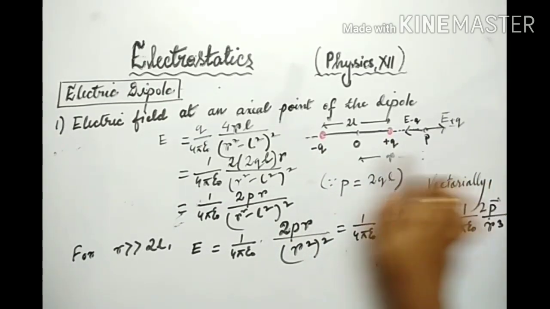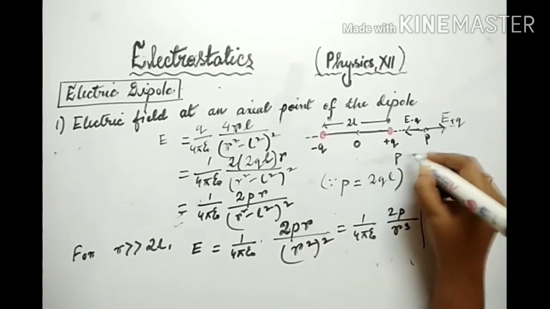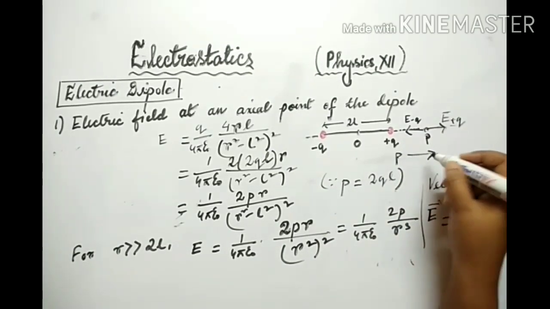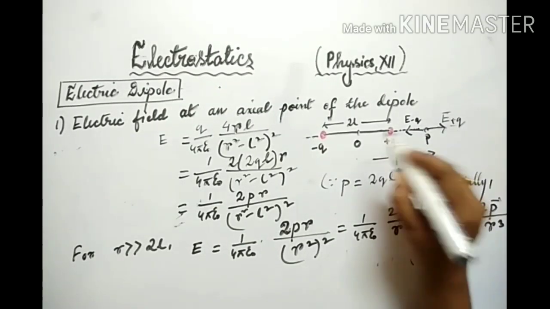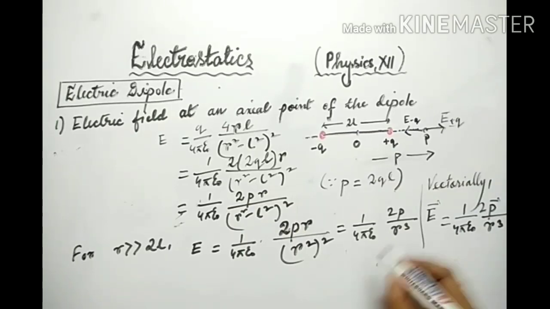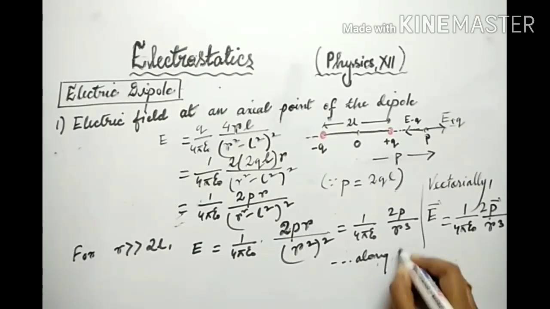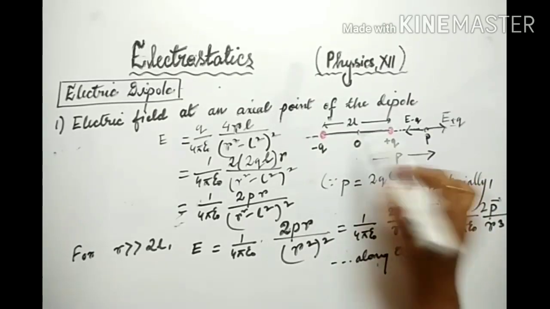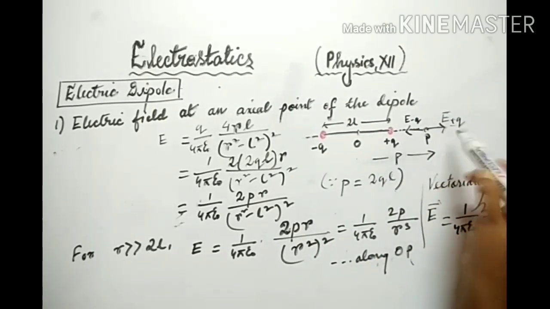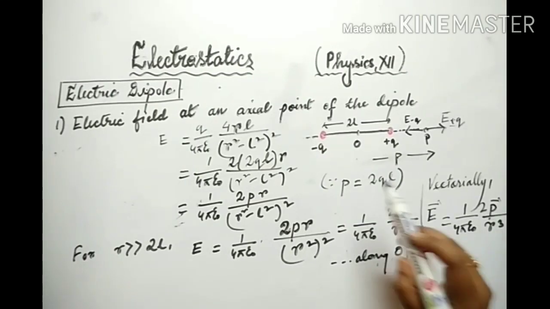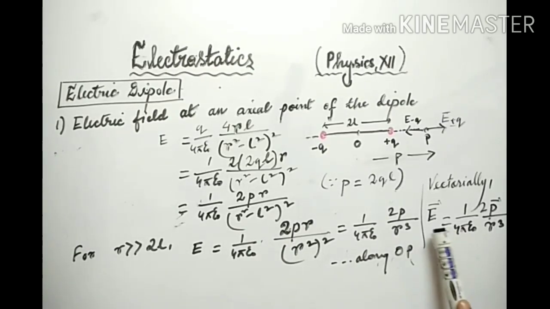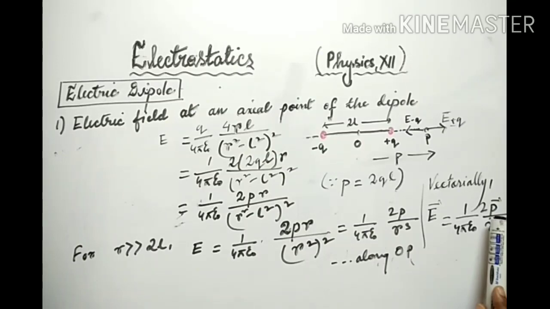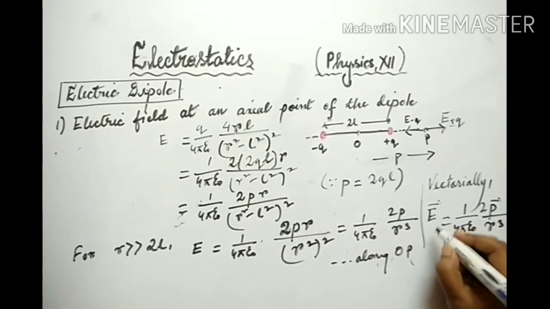And the electric field is also directed from O towards P, along the same direction, towards the right. So E is along the dipole moment vector.